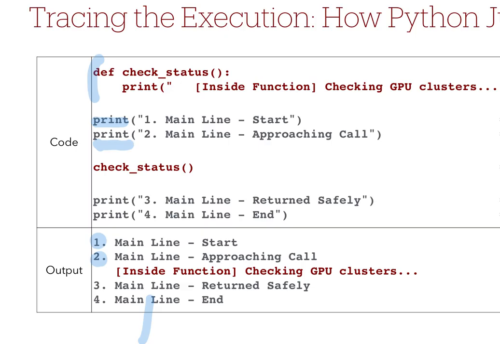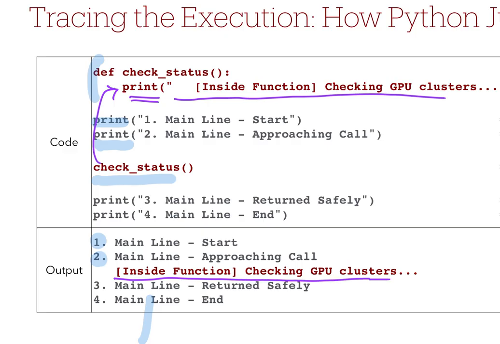And then you have the function call. At that point, my Python interpreter will go inside of this and execute this print so that this is displayed on the screen.